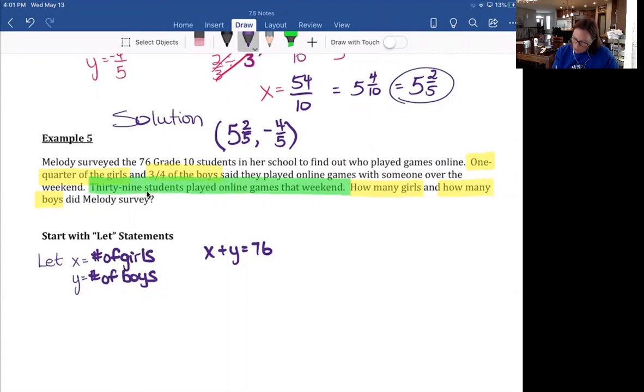So 1/4 of the girls, you can write that as a fraction or as a decimal, 1/4 of, remember, of means multiply, 1/4 of the girls plus 3/4 of the boys, or 0.25x plus 0.75y is 39 students.